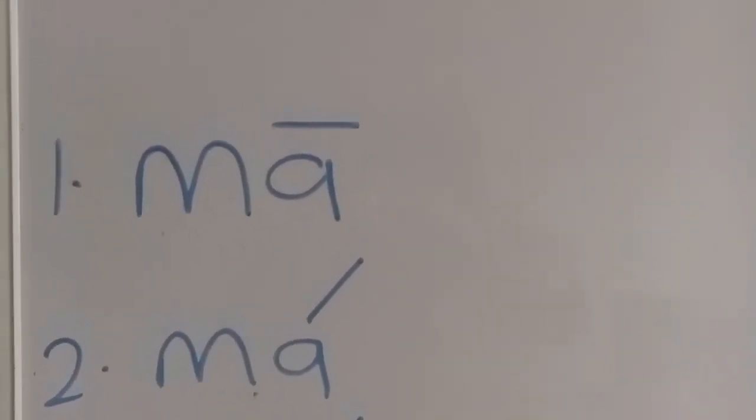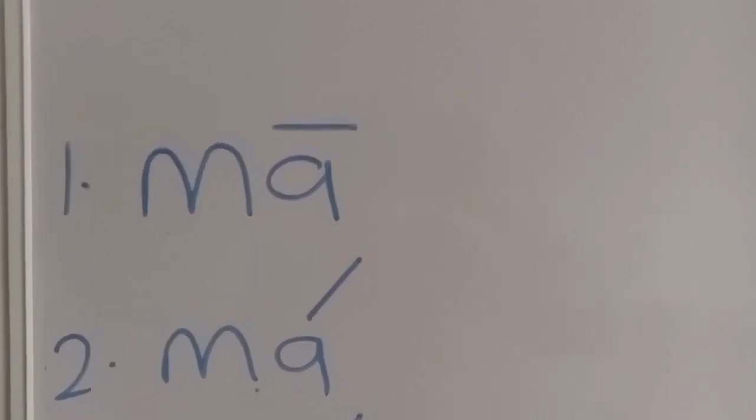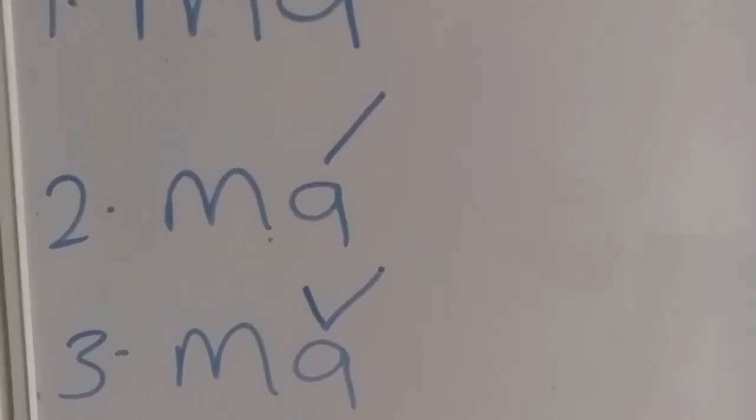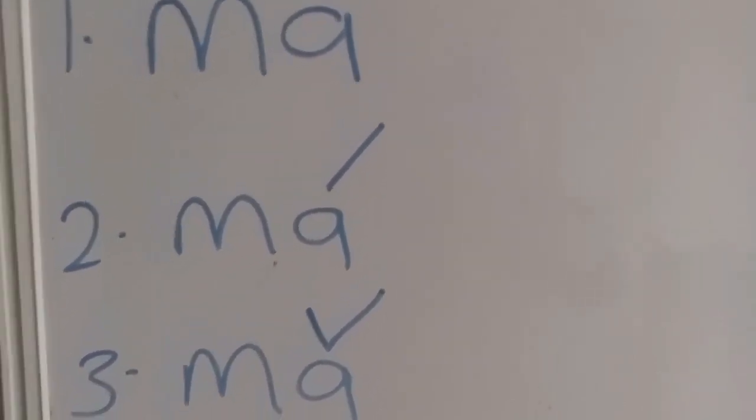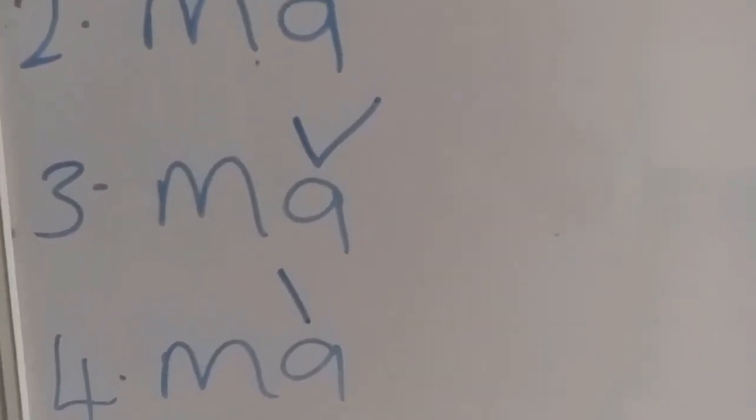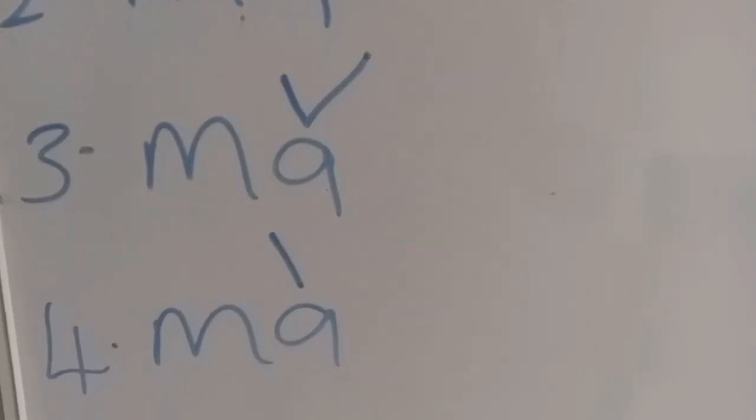The second one has the rising tone on the A. I said ma. The third one has the falling and rising tone, and that was why I went ma. It fell, then it rose. The fourth one is the falling tone on the A. So you go ma.